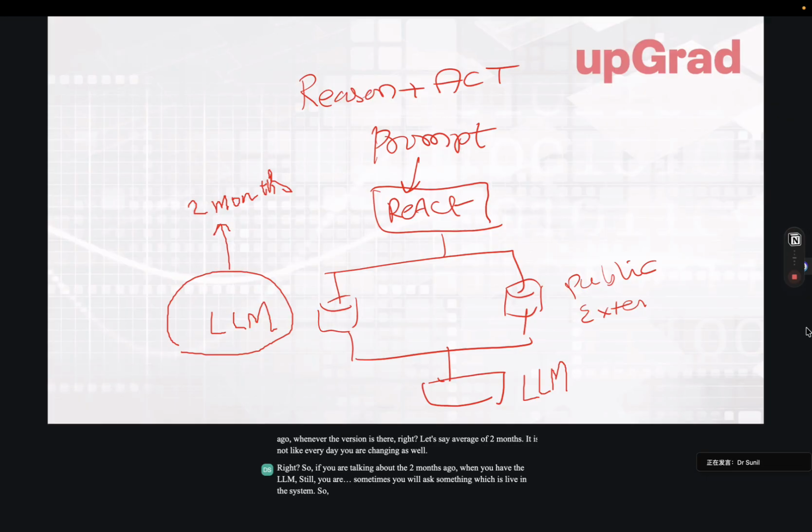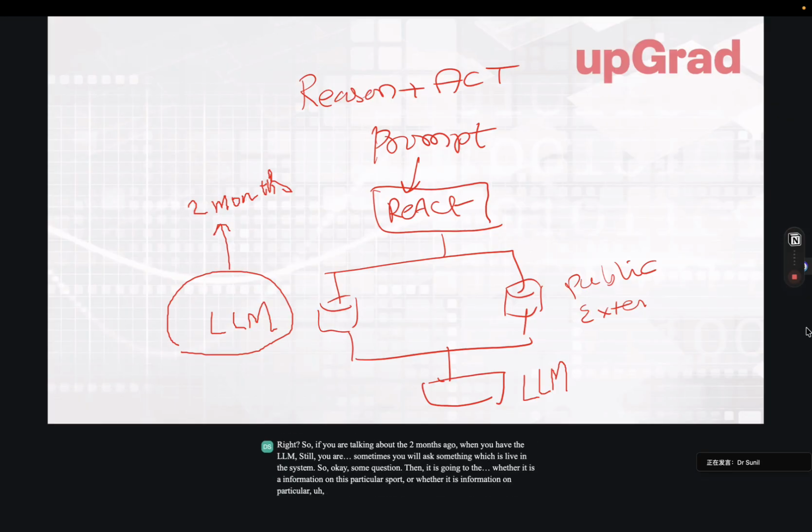So, some question comes. Then it goes to whether it is information on this particular sport, or information on, let's say, weather. Any of that public or external knowledge will be another source, without which it will not be complete. The combination of that knowledge is what comes to the LLM to answer it. Getting that?